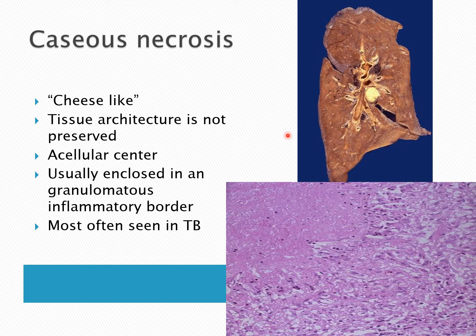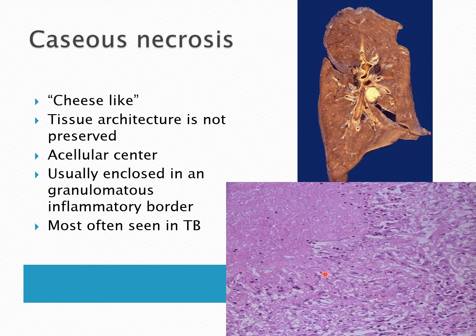It is completely lost. It is characterized by a center that is acellular with pinkish, eosinophilic cellular debris, surrounded by macrophages, inflammatory cells and multinucleated giant cells. We call this structure a granuloma.